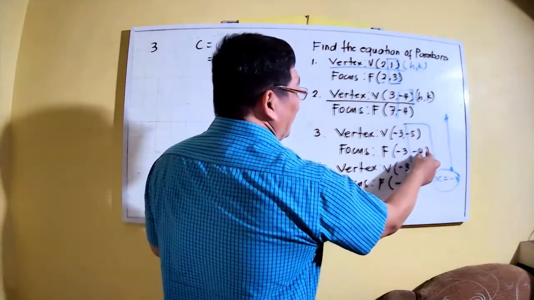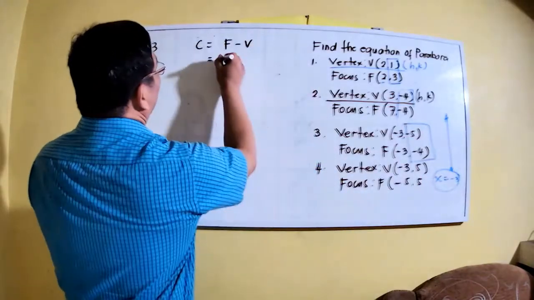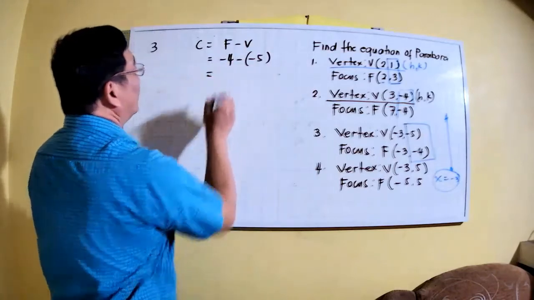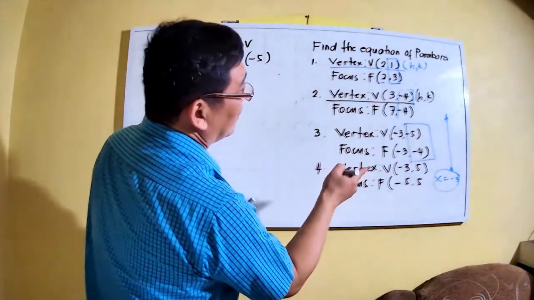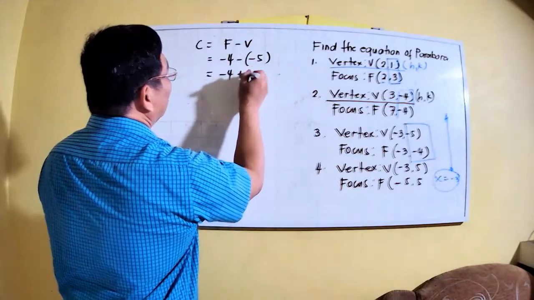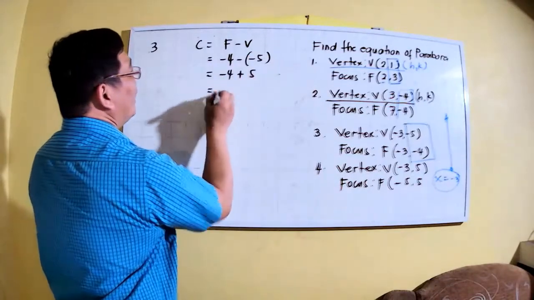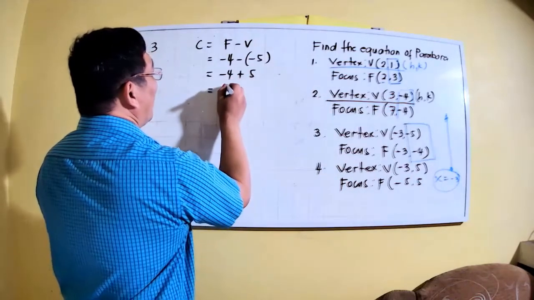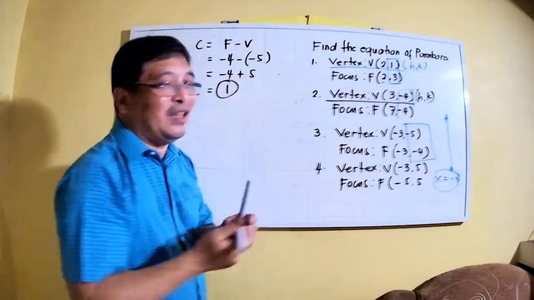So we have here negative 4 minus negative 5, F minus V. So what will happen is that we are going to have negative 4 plus 5. Because negative times negative is positive, negative 4 and positive 5 will be equals to positive 1. So C is a positive 1.